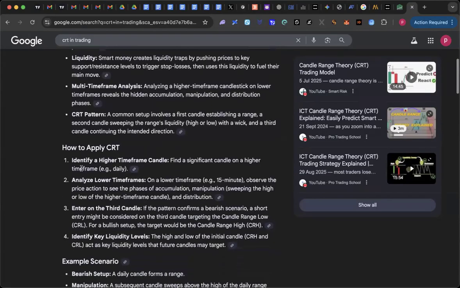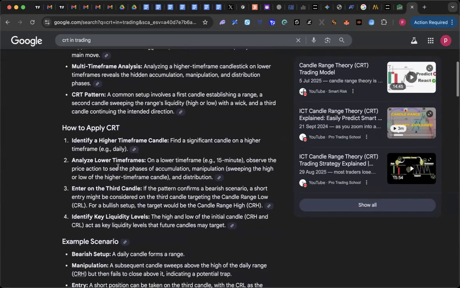Okay, how to apply it? Identify the higher time frame candle: find the significant candle on a higher time frame, e.g. daily. Then analyze the lower time frame, e.g. 50-minute, and observe the price action to see the phases of accumulation, manipulation, sweeping the high or the low of the higher time frame candle, and distribution.